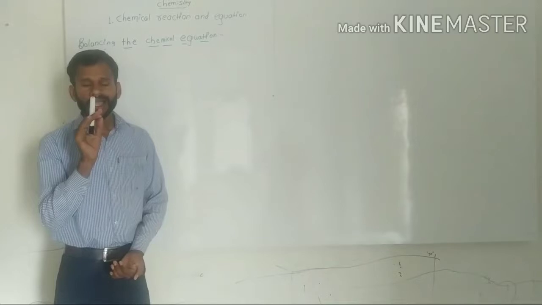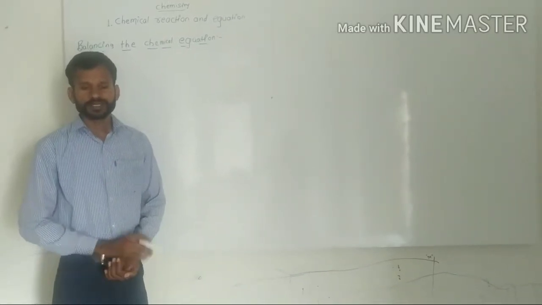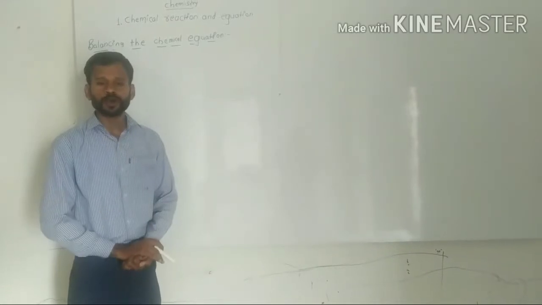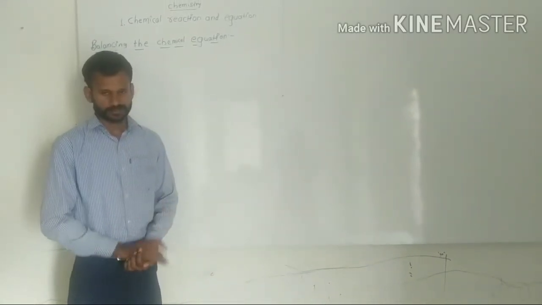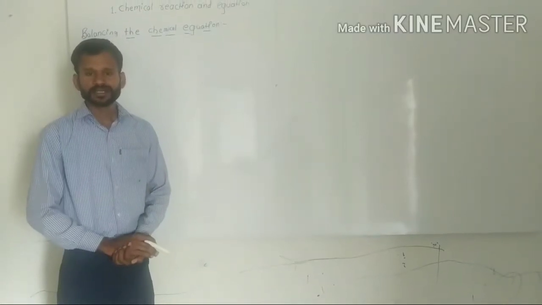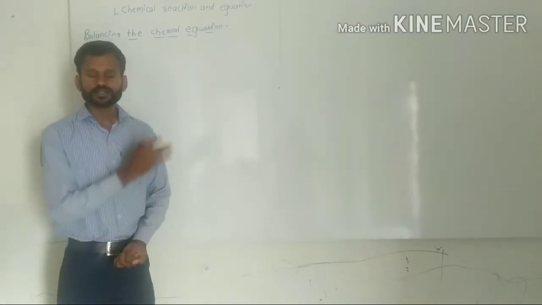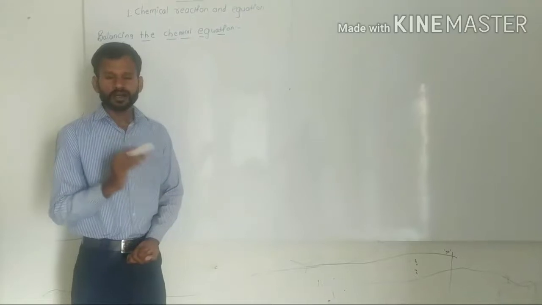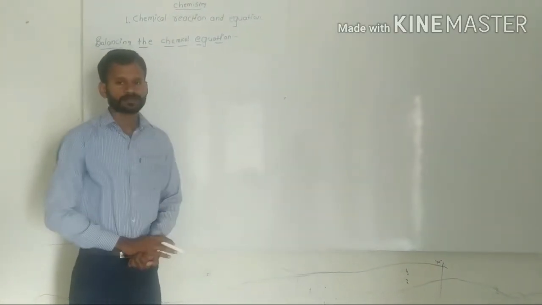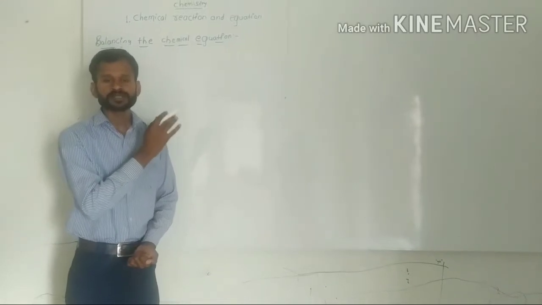One is the halogen element, the second chapter is called alcohol, phenol, ether, the third one is carboxylic acid, ester. Aldehyde, ketone part also depends upon it. Amine also depends upon it.